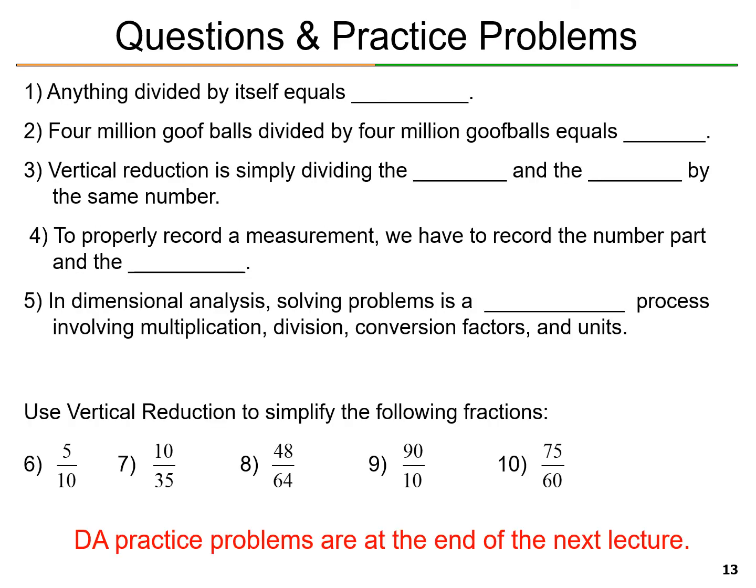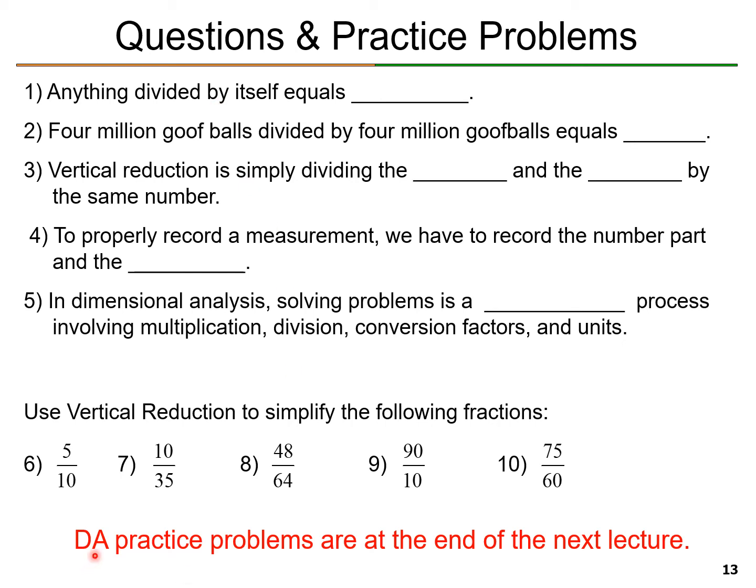Here are some questions and practice problems, but these are questions and practice problems from our last lecture. I forgot to put these at the end of the last lecture. So these have to do with same object. These have to do with vertical reduction.